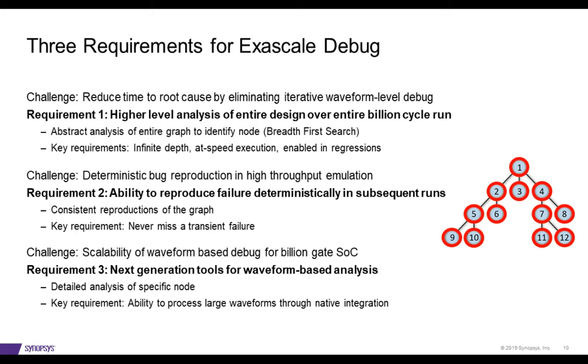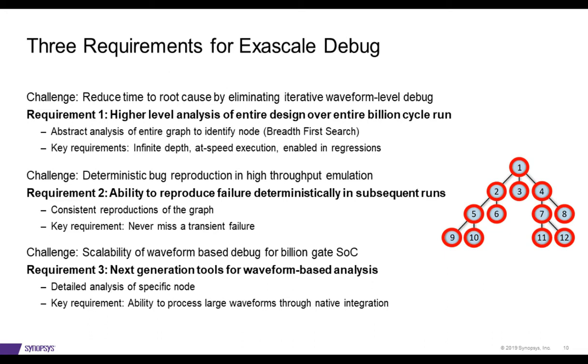And if we are able to achieve these two requirements, then it can also be enabled in regression. That essentially means that you have reduced one iteration to debug the problem, because in your regression, when the test case fails, you already have the higher level analysis and the data dump generated for you to do second level analysis.